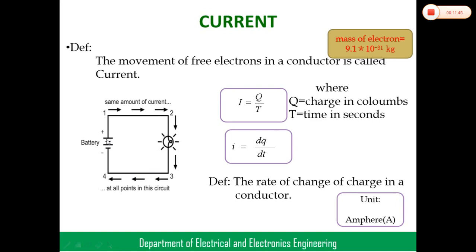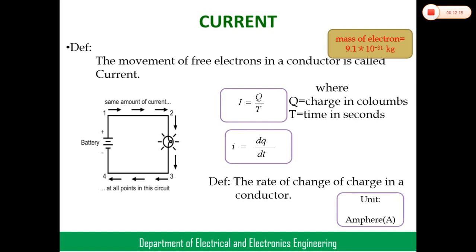When we apply some voltage, the current passes through this way and this way and this way, the bulb glows, and the current comes back to the minus terminal.